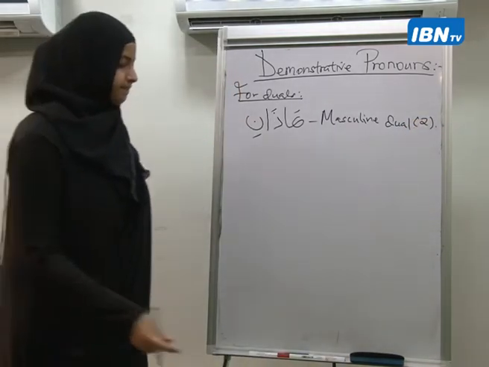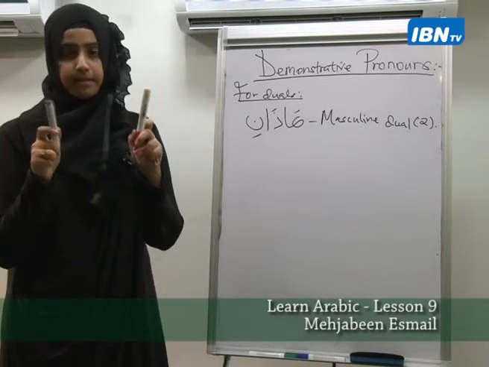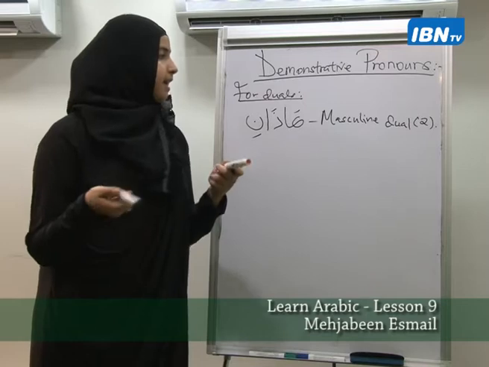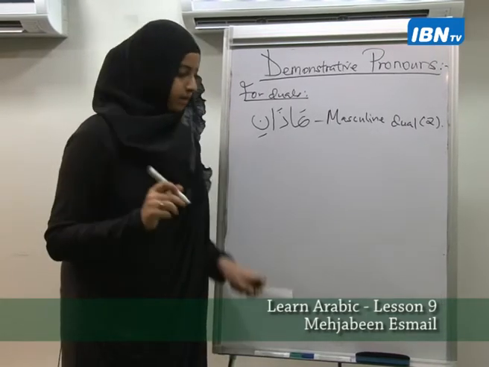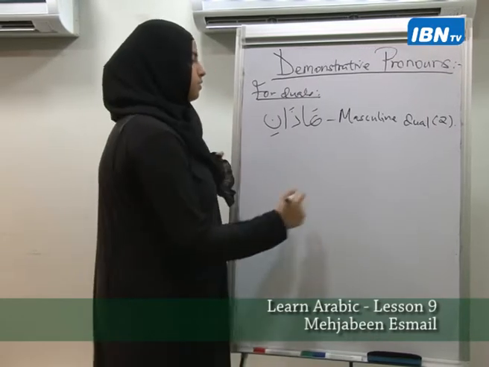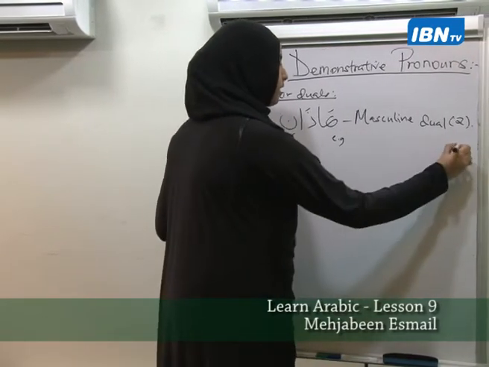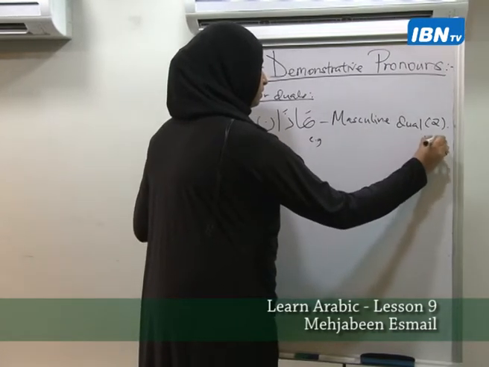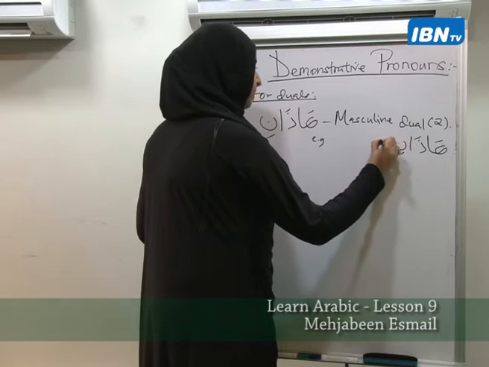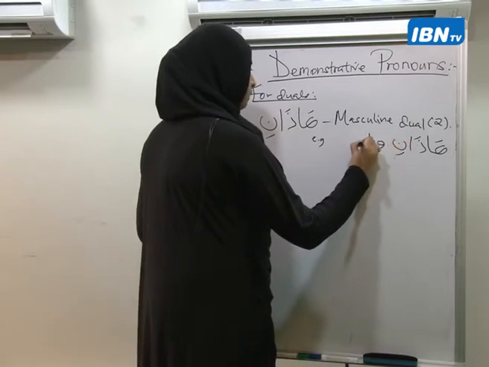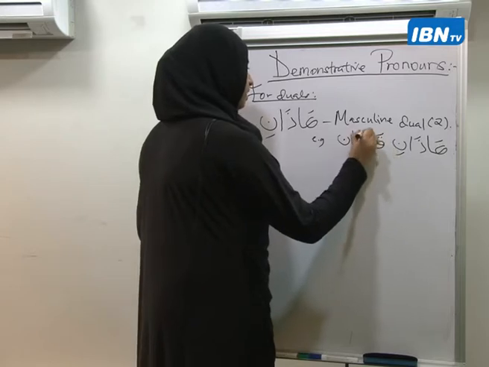So if I want to say, for example, these are 2 pens, how am I going to say? I'm going to say hadhani qalamani, which means these are 2 pens.